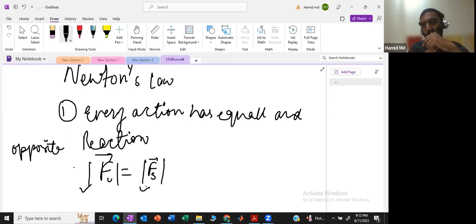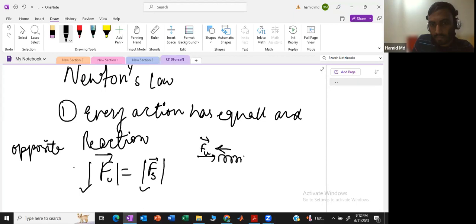For the force of the spring, the arrow will point back at us because it's giving the force back to us. Very good. You are pushing with this force, and this spring is pushing you back, right?